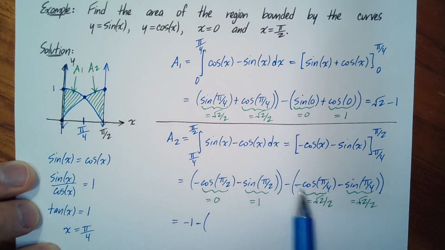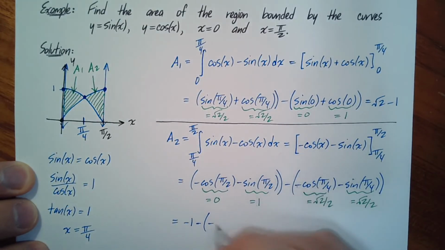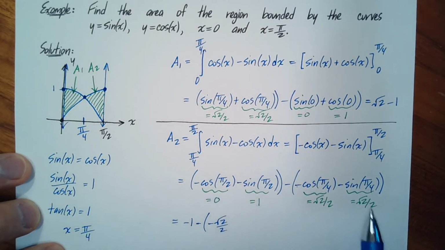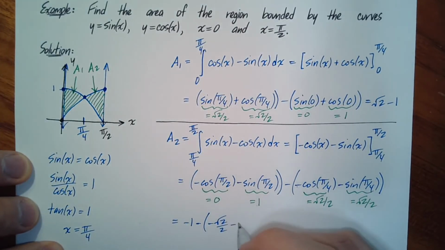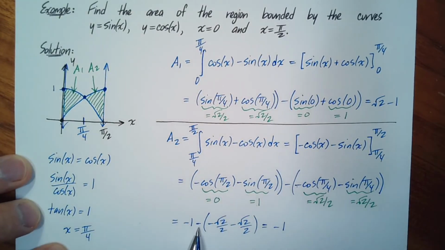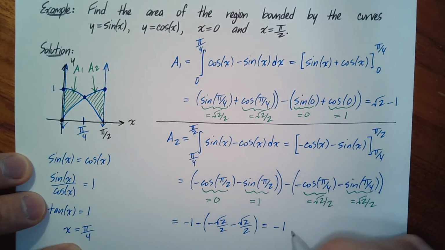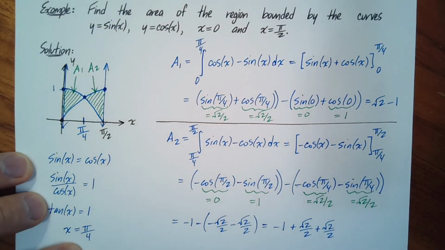So we've got negative root 2 over 2, so minus root 2 over 2, and then over here we've got minus root 2 over 2 again. So what you really have here is minus 1. If I distribute that negative into the brackets, it's going to cancel with both of those negatives. So we'll have minus 1 plus root 2 over 2 plus root 2 over 2.